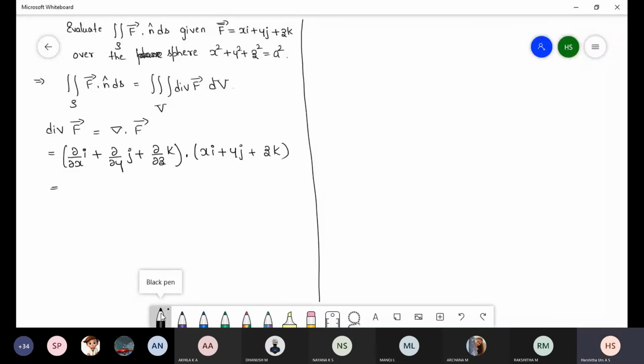Again i dot i is 1. So dou by dou x, dou by dou y, dou by dou z. Do the partial differentiation and tell me the answer for this one. Yes, very good. X with respect to x is 1, y with respect to y is 1, z with respect to z is 1.